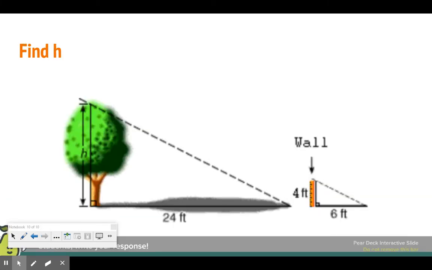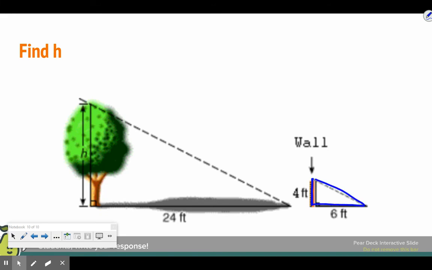All right, so let's get started on this first example that was shown on the last one. If you're out in your yard today, you can find the height, or an approximate height, of a tree, and the sun's got to be shining first because we need a shadow here. Then you could use yourself, or you can use a wall or another object like the one they have shown.